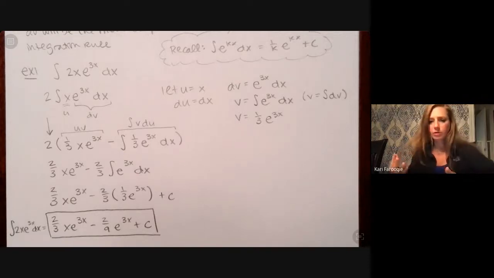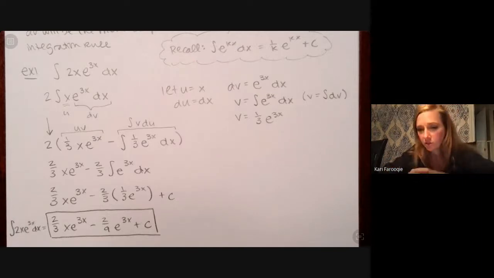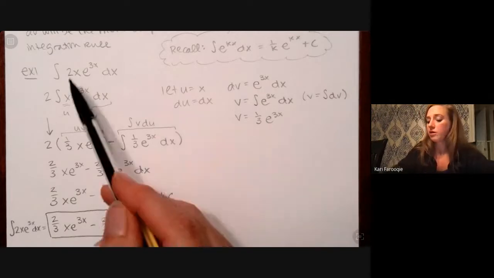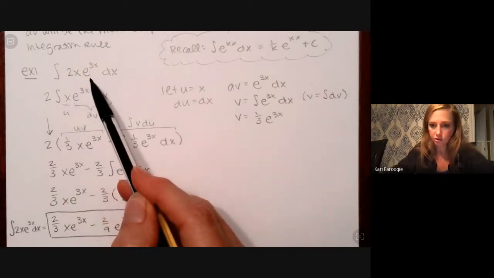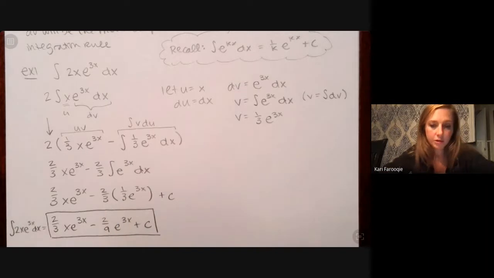I'm going to do another example that's a little bit more basic like this, but you're going to see that in a lot of the examples that we work with, you're mixing two different types of functions together. So in this case, for example 1, you had an algebraic function and an exponential function. In the next example, I'm going to give you an algebraic function and a trig function. And then we'll sort of work our way through into slightly more complicated things.